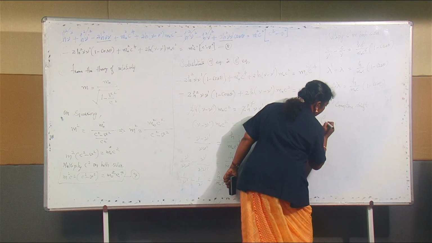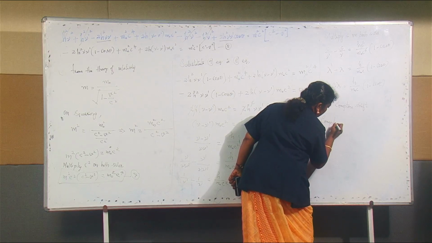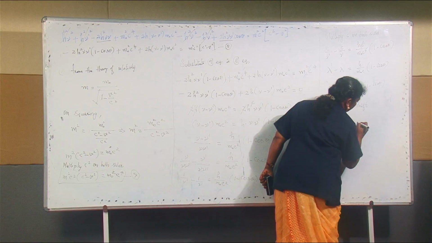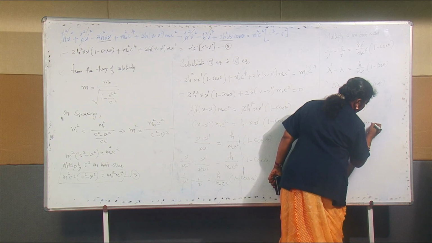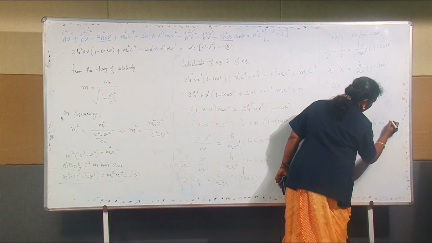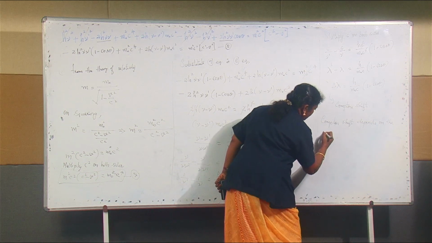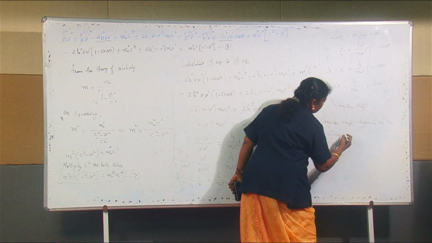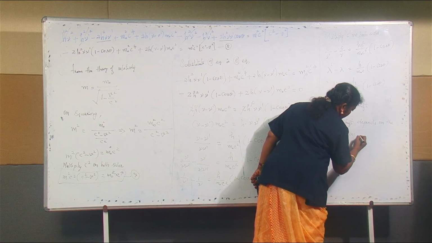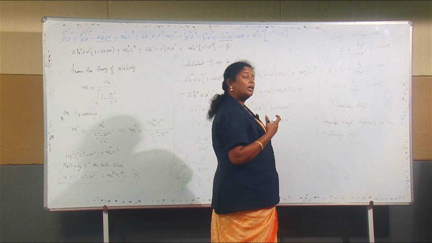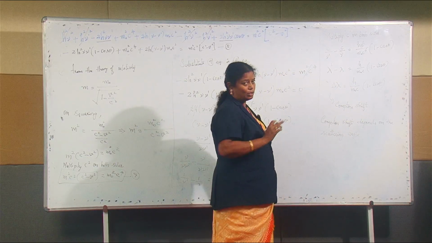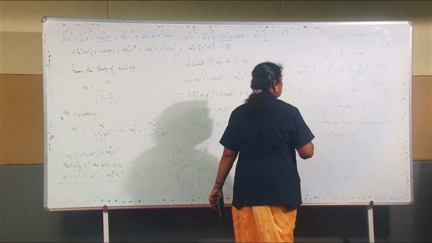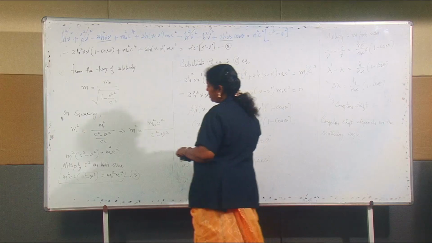So the Compton shift depends on the scattering angle, and not on h, m naught and c, which are all constants. Let us find whether it depends on the angle by considering 3 cases.